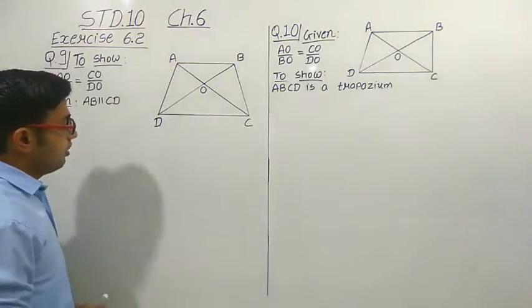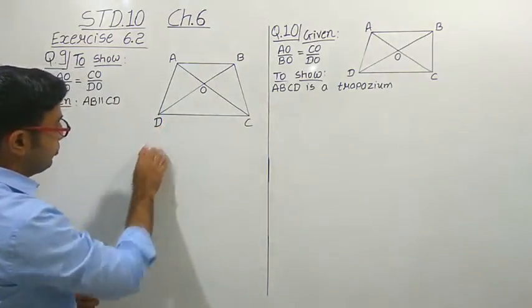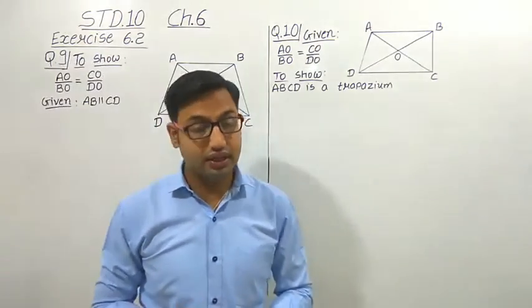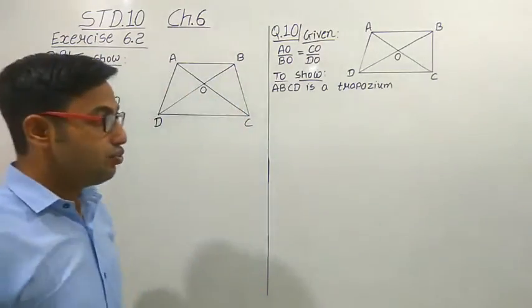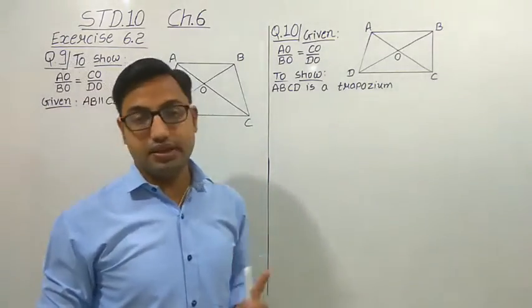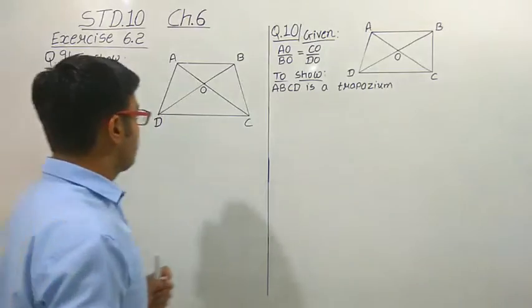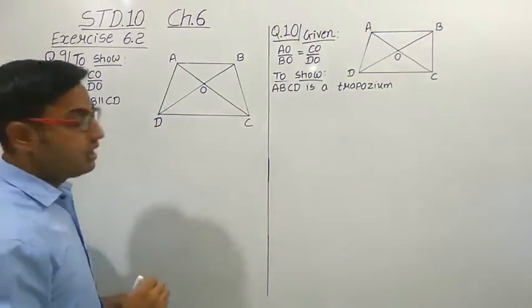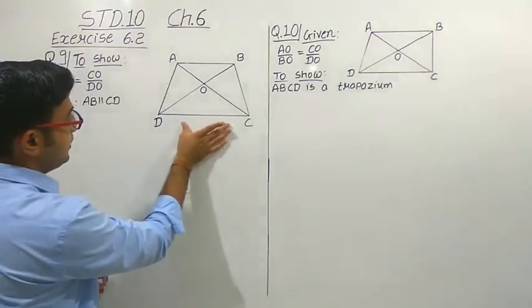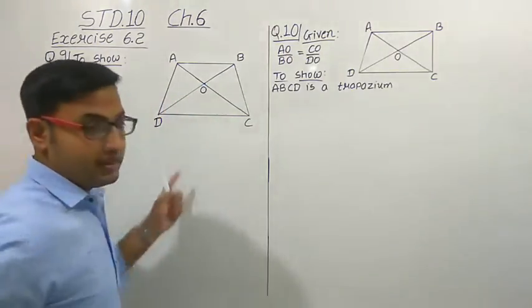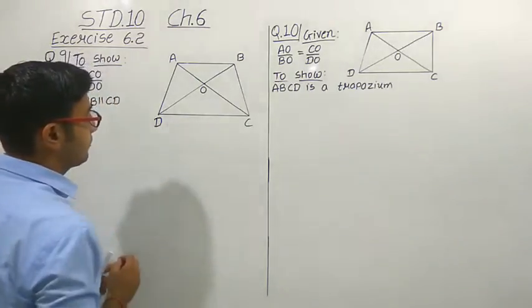Till now, whatever we have studied is about triangles. If we can find two parallel lines in a triangle, only then can we apply theorem 6.1. If we consider triangle ADC with DC as the base, we require a line parallel to DC.